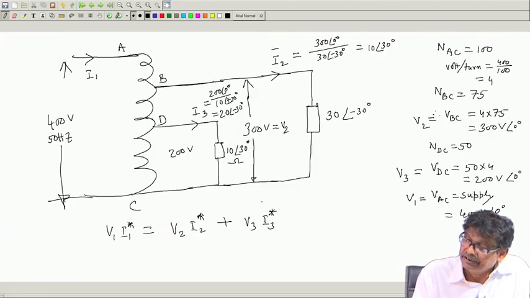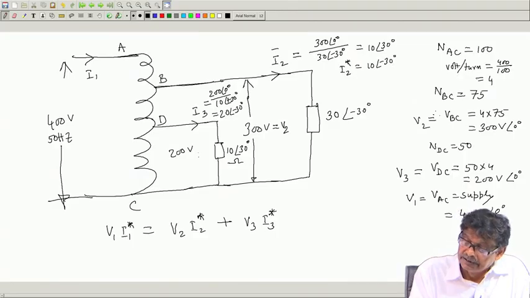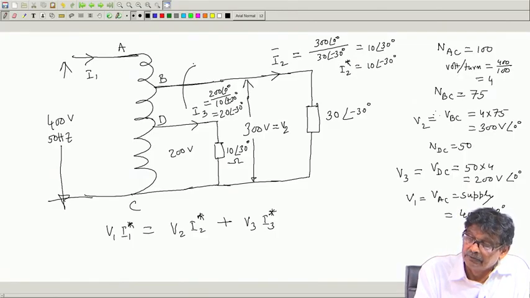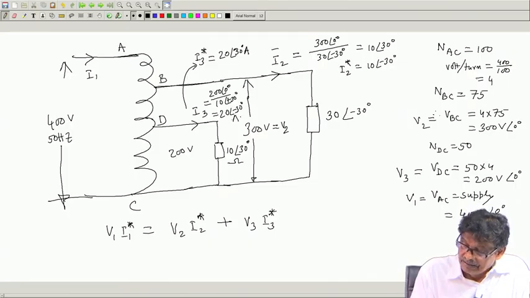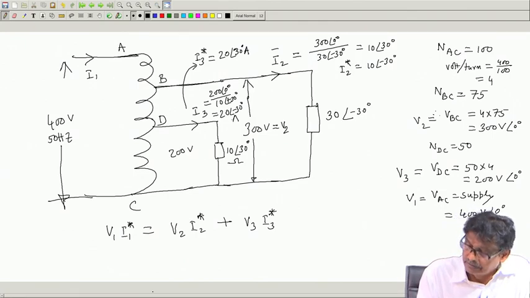Of course, if this is I_2, then do not forget to calculate I_2 star, that is 10 angle minus 30 degree. If this is I_3, calculate I_3 star, which will be equal to 20 angle plus 30 degree ampere. Put it here, everything is known including V_1.